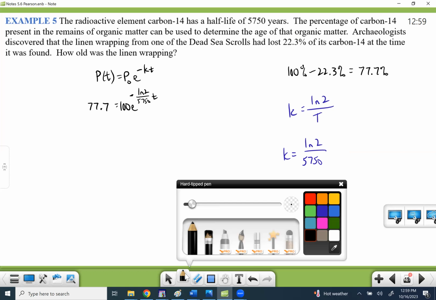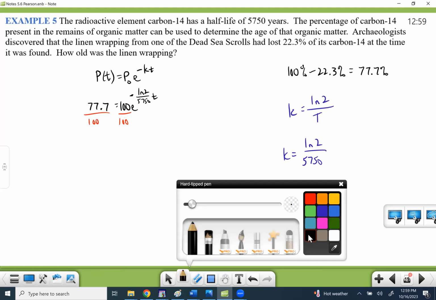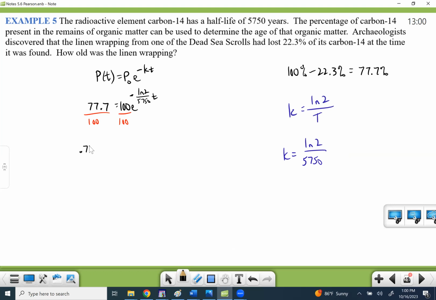Okay, so let's go through the solving. Let's recap first, though. We started off with 100% of it, and after some time passed, we ended up with 77.7% of it. Remember, this is the initial amount, and this is the amount after time has passed. All right, so we're going to solve this how we have been, isolating the exponential. So when we divide that out, just to make it a little easier, we did that.